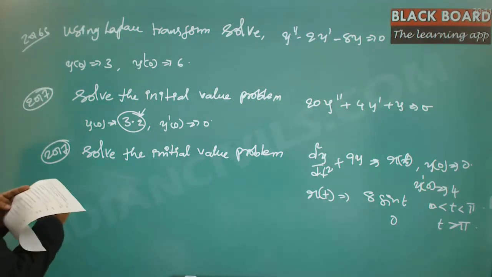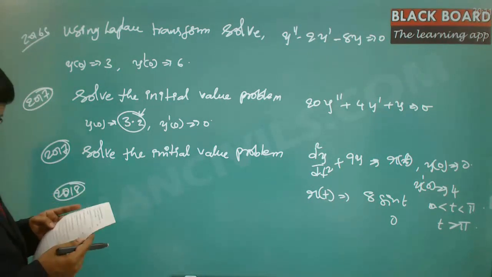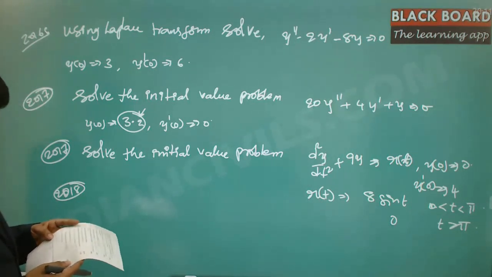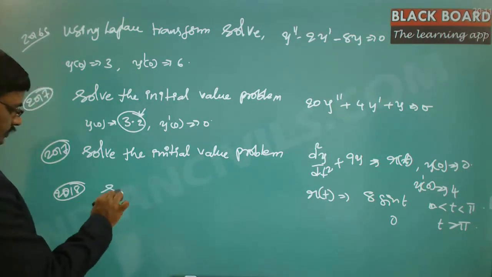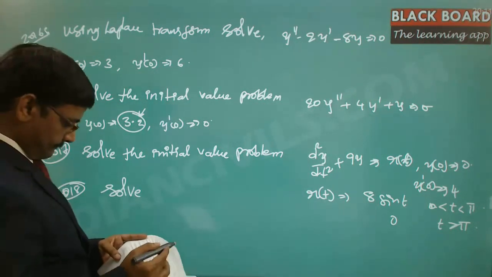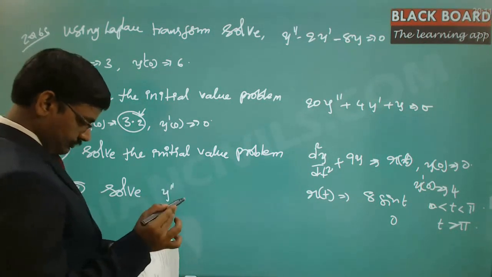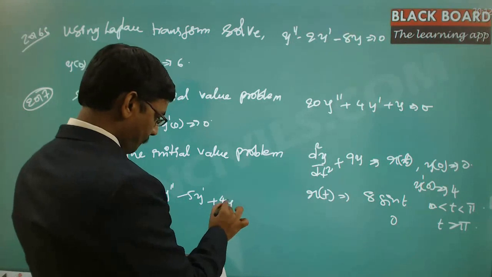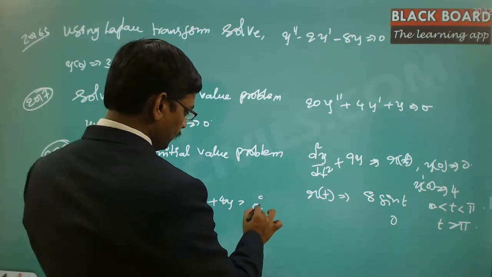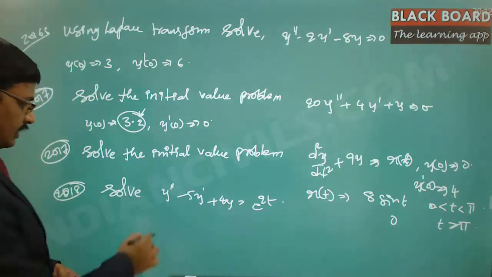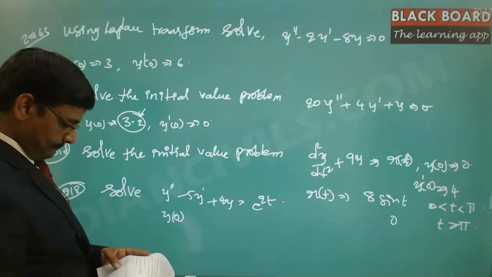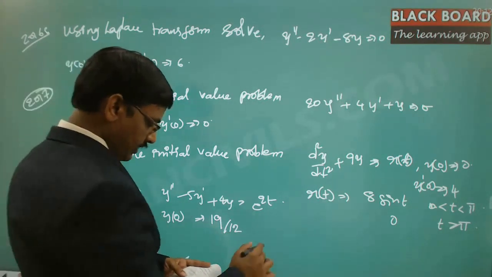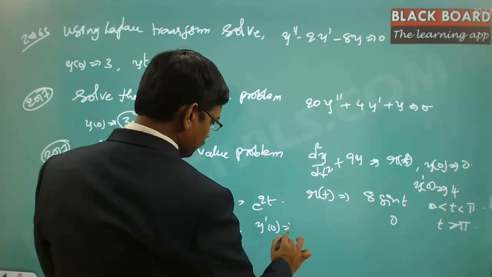In 2018, solve y double dash minus 5y dash plus 4y is equal to e power 2t, and then y of 0 is equal to 19 by 12 and y dash of 0 is equal to 8 by 3.